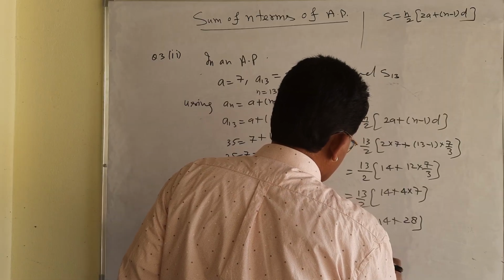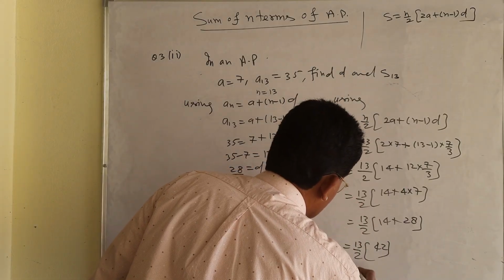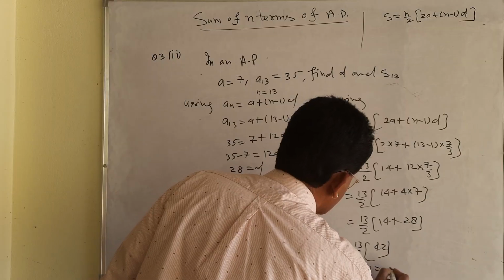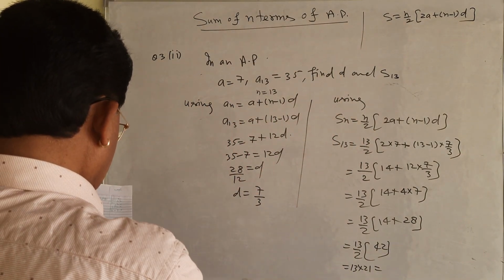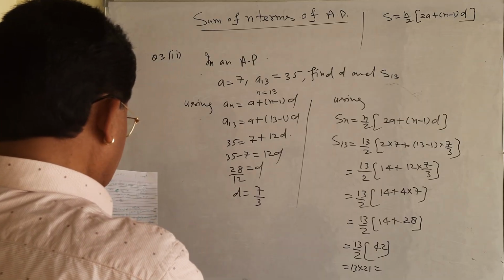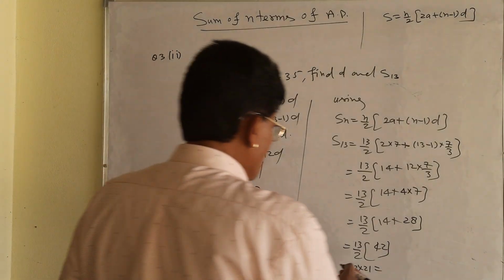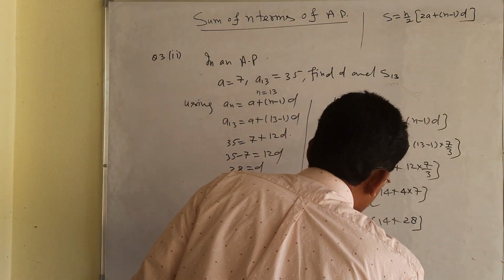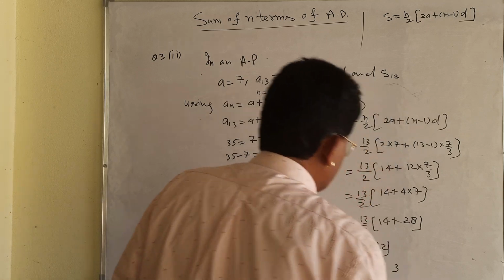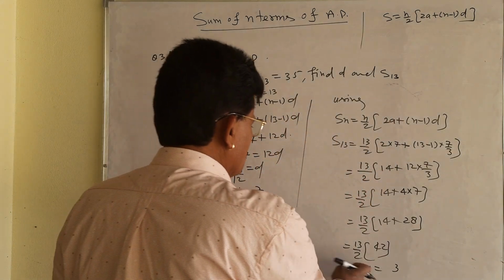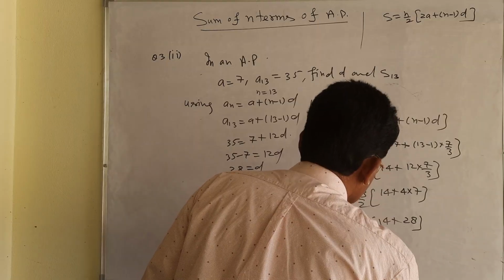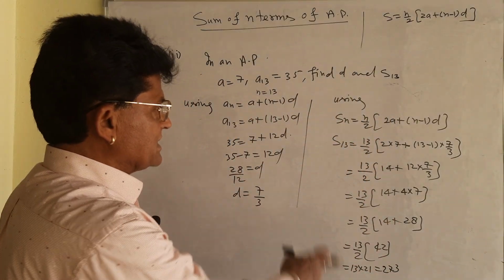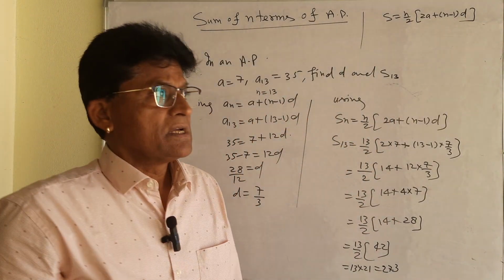Cancel it by 2. 13 into 21. If you multiply it, 21 by 13, 13 1 3, 13 2 26, 26 plus 1, 27. That will be the sum of 13 terms.